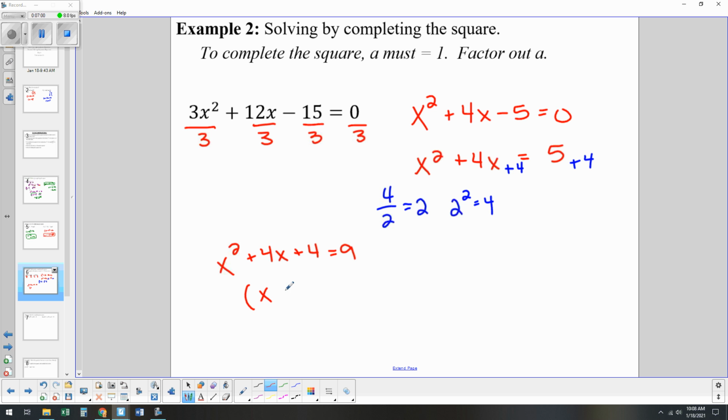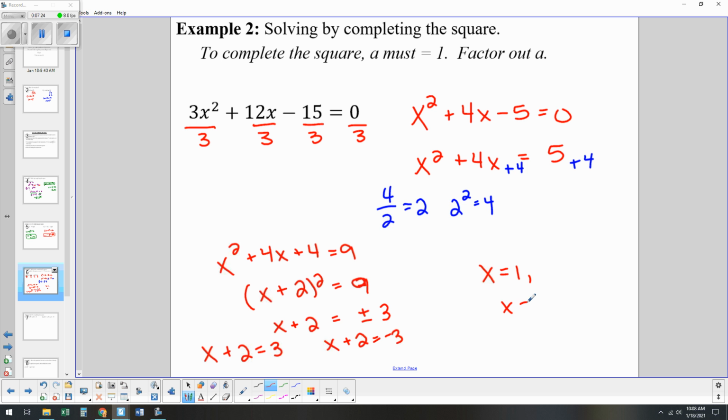Factoring this side, we get x plus 2 squared, right? Half of 4 is 2. Take the square root of both sides. X plus 2 equals plus or minus 3. So then I get x plus 2 equals positive 3, and x plus 2 equals negative 3. So x equals 1, and x equals negative 5.